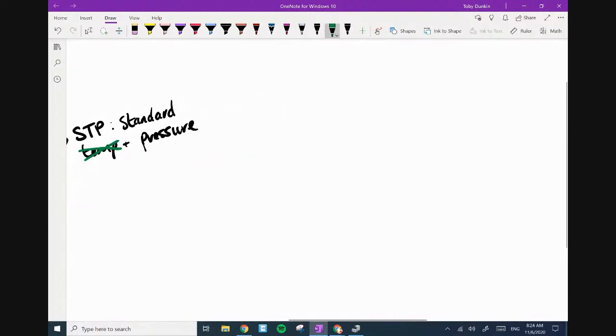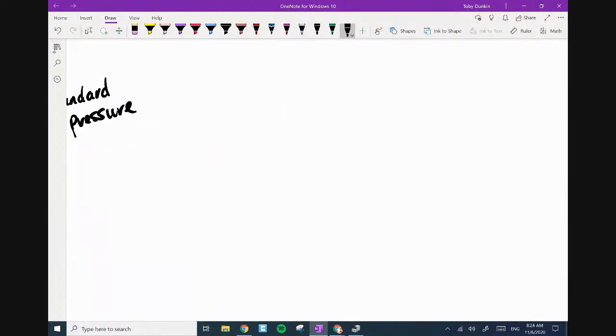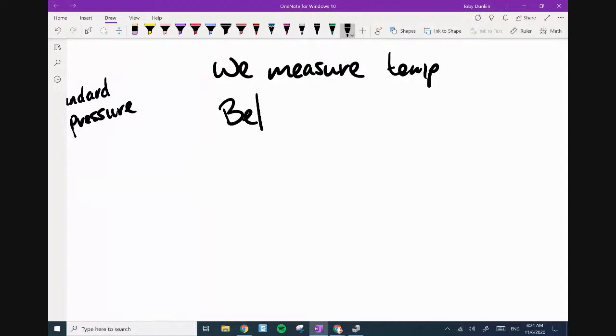Now, the reason for this is because we are measuring temperature changes. Yeah, we measure temps before, and then temps after. And what we, of course, calculate is therefore a temperature change.